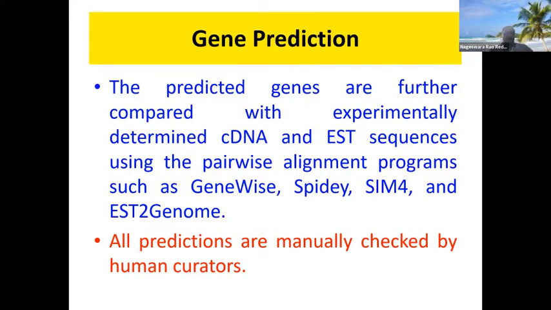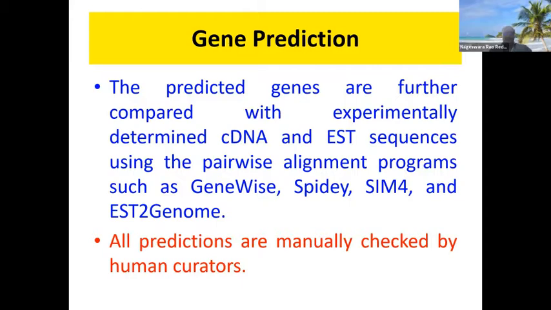When you do it with either database, we have theoretical evidence that this gene is expressed and already available online. That means there is a chance that this gene is present and expressed. The tools used to identify these genes via cDNA or EST are GeneWise, Spidey, SIM4, and EST2Genome. These are the four tools.